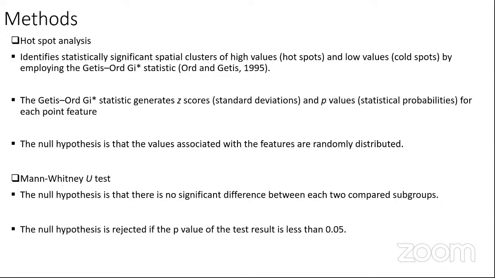This statistic measures the intensity of the clustering of high or low values in a point feature relative to its neighboring point features in the entire dataset. It can generate the z-score, which is a standard deviation, and also the p-value, which is the statistical probability. In the next slide, I will have a figure showing these 2 values.